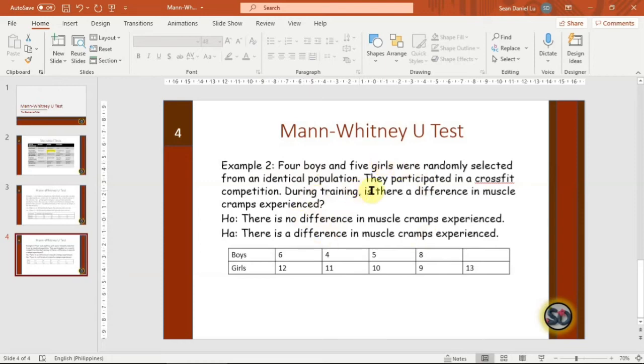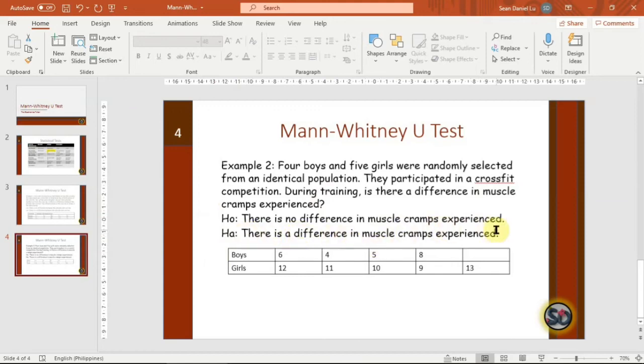Which means our null hypothesis would be there is no difference in muscle cramps experienced. It means that they are the same. Or our alternative hypothesis to be there is a difference in muscle cramps experience.